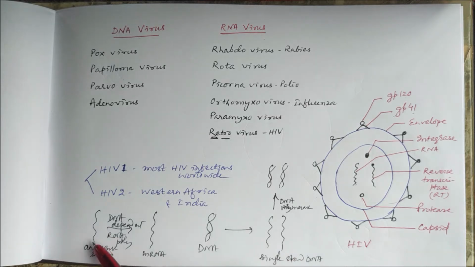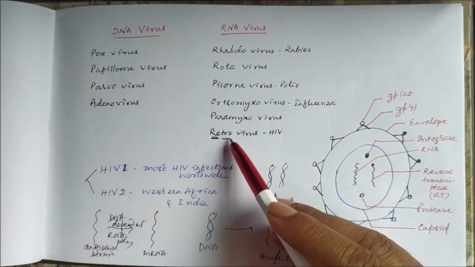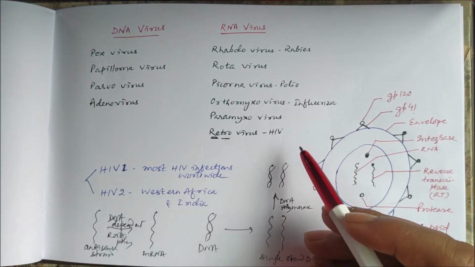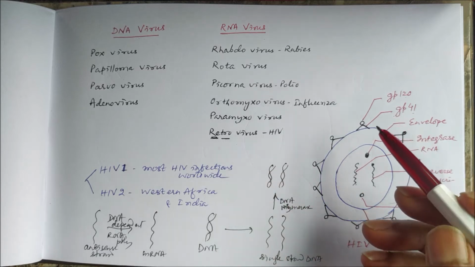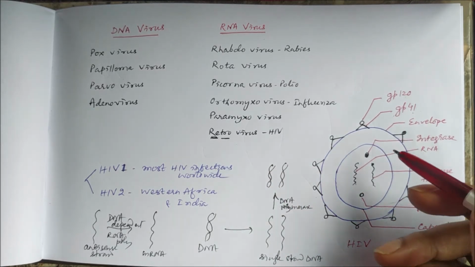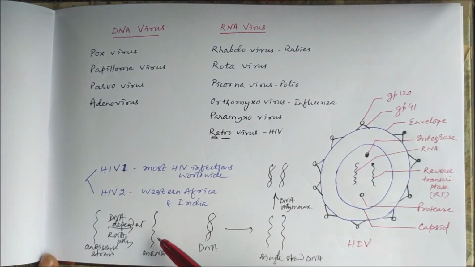The antisense strand undergoes transcription to form messenger RNA. RNA virus directly provides the RNA, but in retrovirus, the RNA is first converted to DNA, then from DNA again by transcription RNA will be there. So the first process of RNA to DNA is called the reverse transcription process.